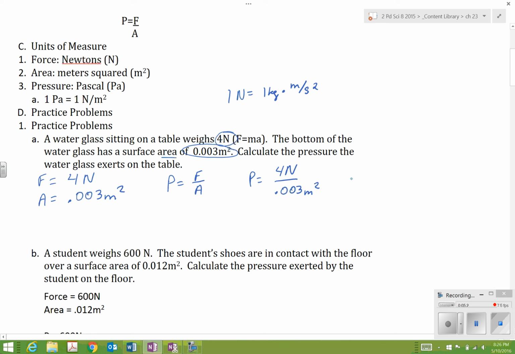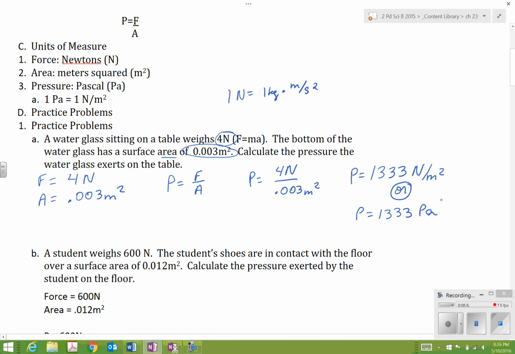Once we use our calculator and do the division, you find that pressure will equal 1333 newtons per meter squared, or we can say pressure equals 1,333 pascals. Again, these two are identical, they're equivalent.